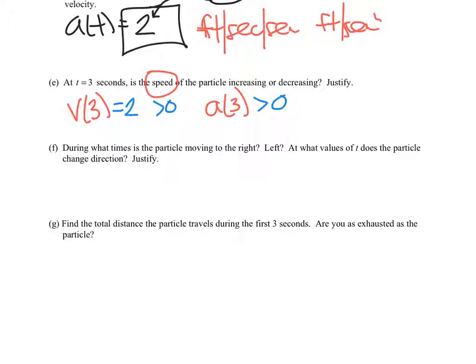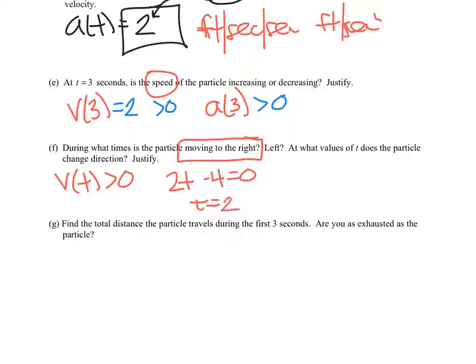Letter F, during what times is the particle moving to the right? So again, if you look back in our notes, anytime we see movement, we have to think velocity. And if I'm moving to the right, my velocity is greater than 0. So if I grab that velocity equation, 2t minus 4, I'm going to set that equal to 0, and I'm going to get t equals 2. Okay, so I've got my critical point, and I'll do a quick check.